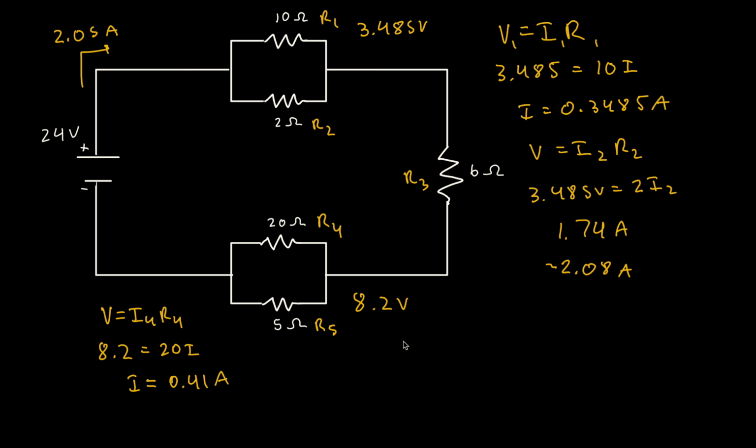And over here for our R5, we have 8.2 volts equals 5I. So this is 8.2 divided by 5, and this is 1.64 amps, and 1.64 plus 0.41 gets us 2.05 amps. So the rule still follows, that relationship still follows, where if we have more resistance, less current flows. If we have less resistance, more current flows.